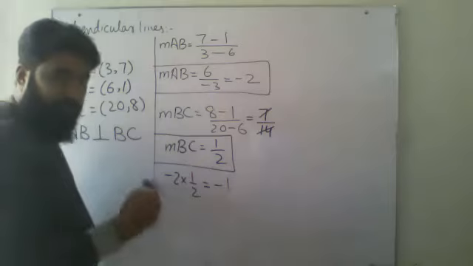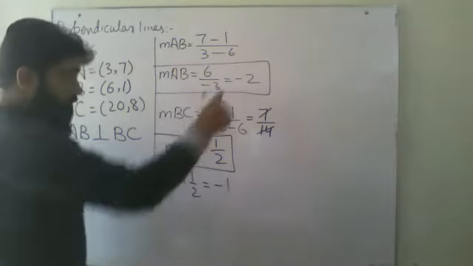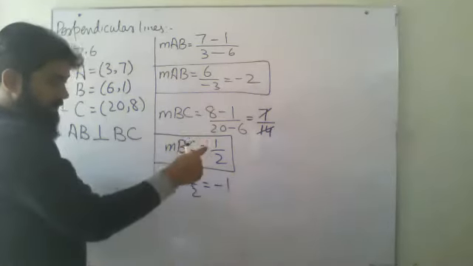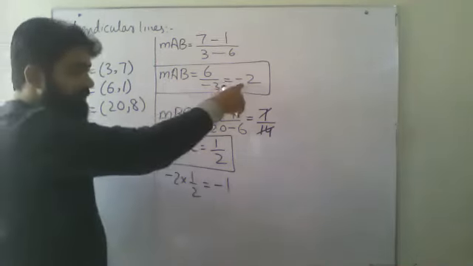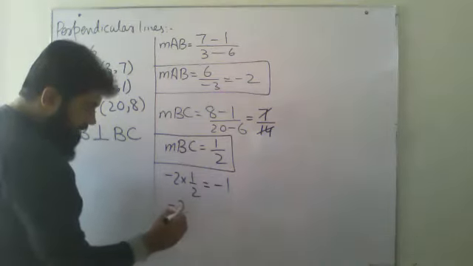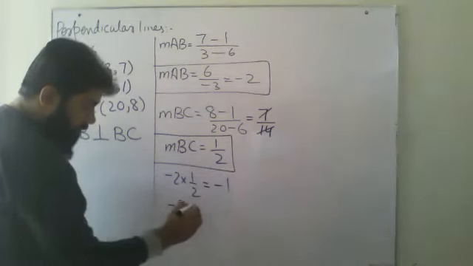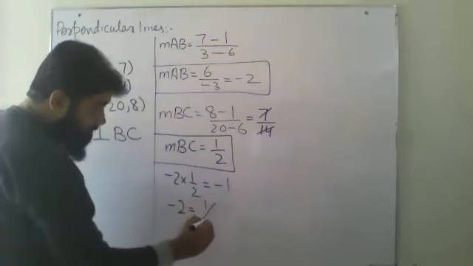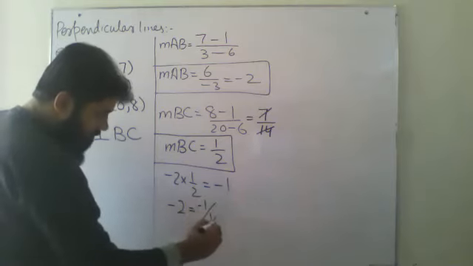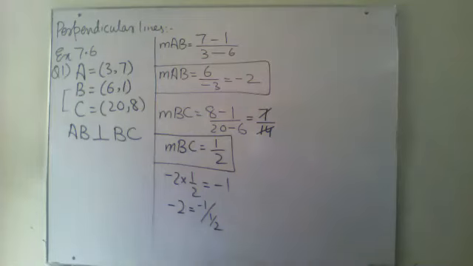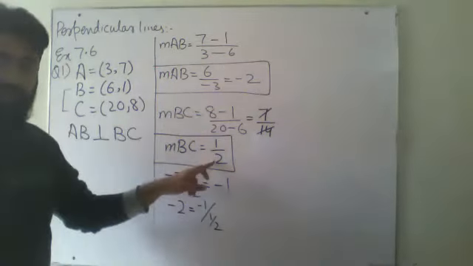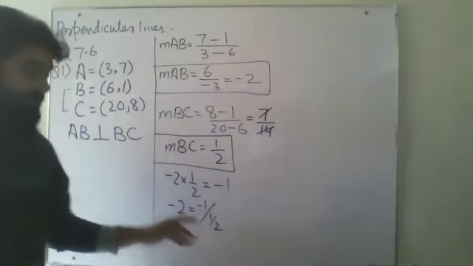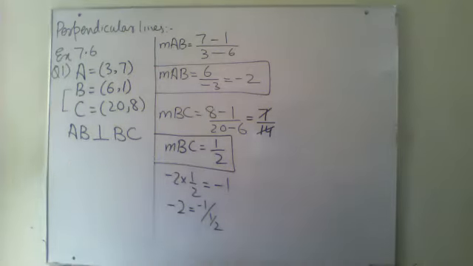Or what I can do over here: minus 2 is the negative reciprocal of 1 over 2, or 1 over 2 is the negative reciprocal of minus 2. The gradient of this one is the negative reciprocal of this one. It means that these two lines are perpendicular to each other.